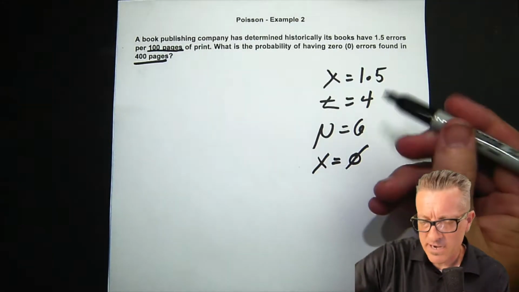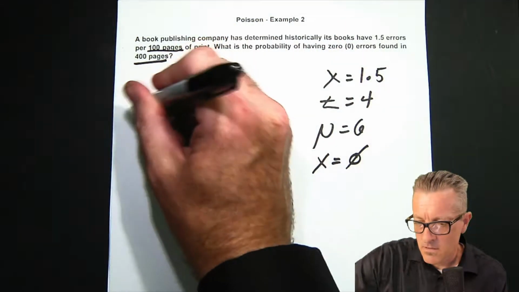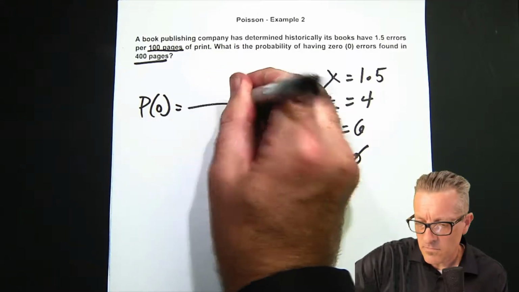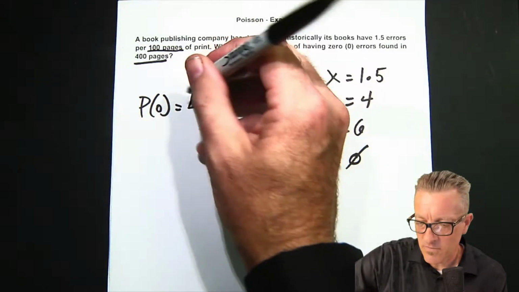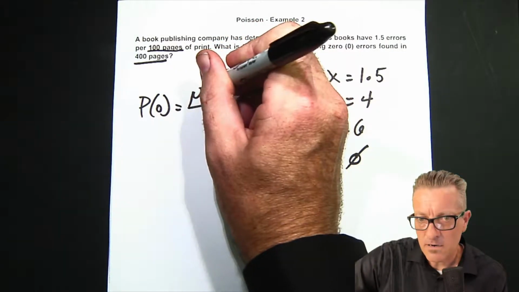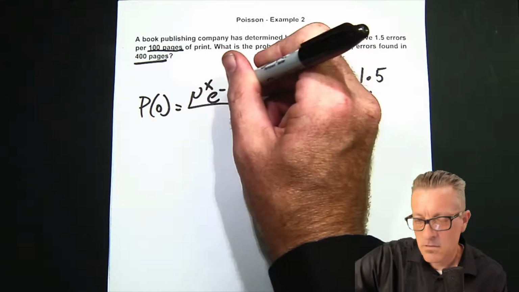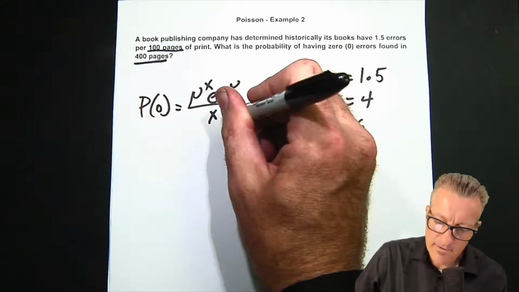Okay, so I'm going to write out the formula then. P, it's very similar to last time. Taking a couple of shortcuts only because we are familiar this time. And then our e. So that's what the setup will look like.